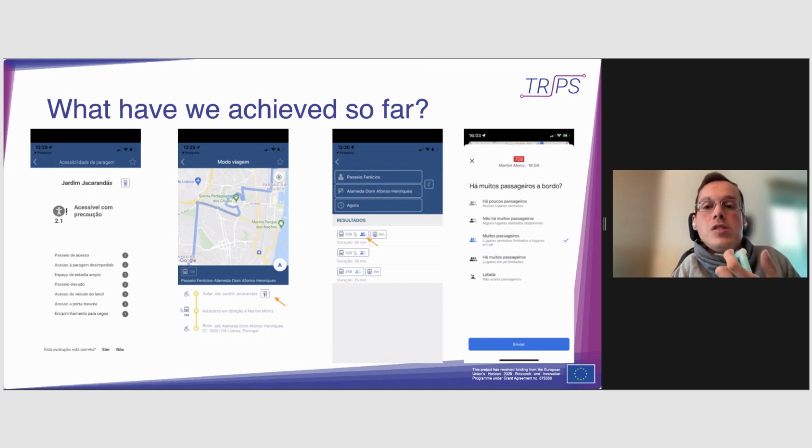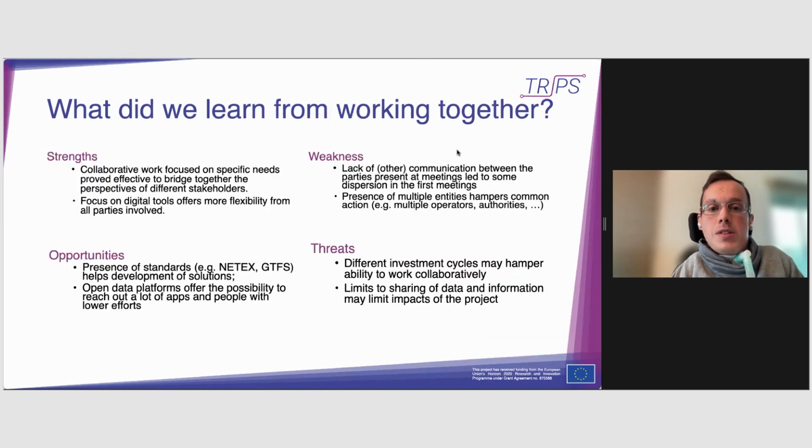You can also provide feedback if there are too many passengers, too few passengers, or it is perfect. So you can share that information as you already do with Google Maps, for example. So this is just a very short example of that.